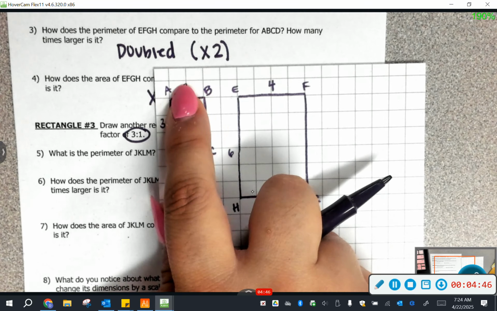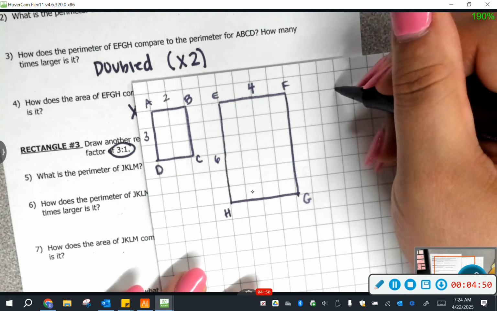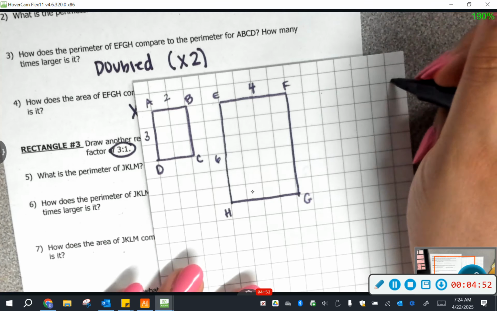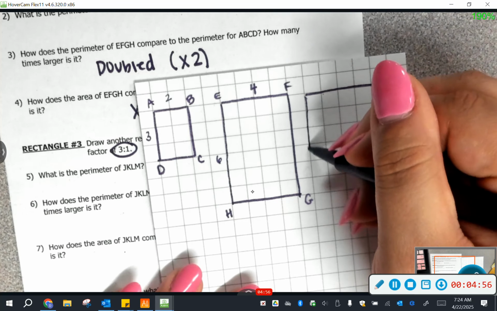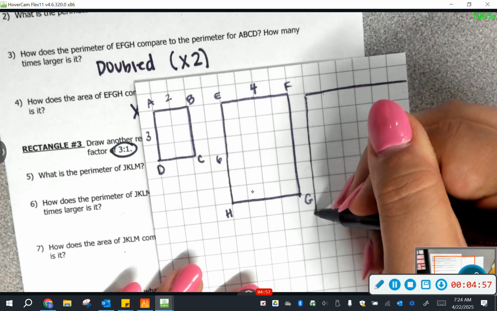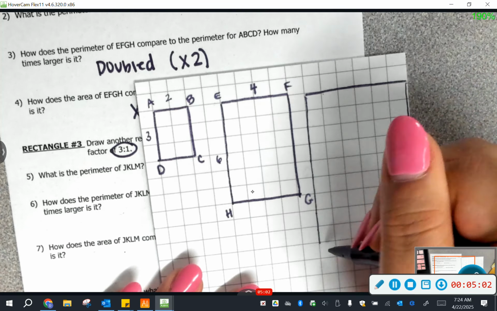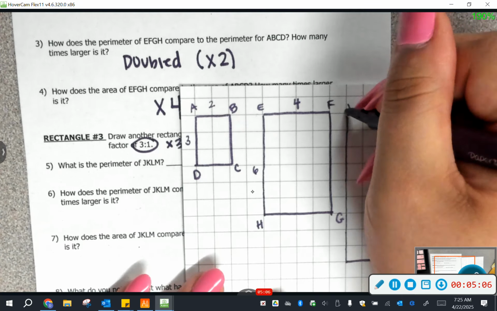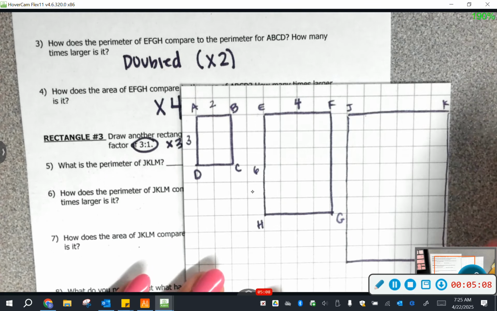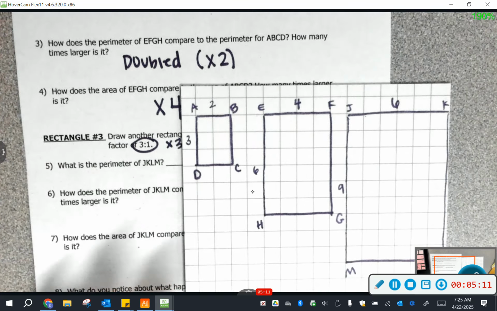And instead of doing 2, what's it going to be? 6. So I'm going to draw 1, 2, 3, 4, 5, 6, 7, 8, 9. And what letters is it? JKLM. So this one is 9, and this one up here is 6.